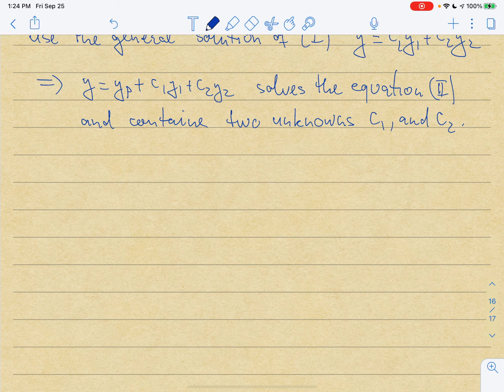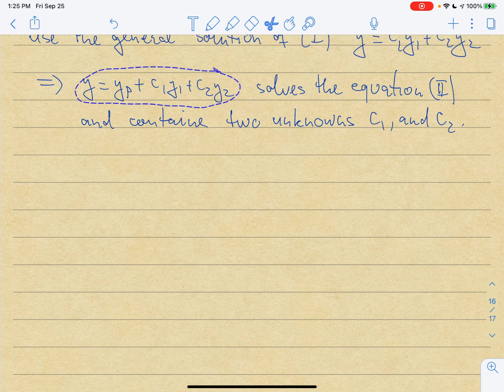And if I'm solving a generic second-order equation, then remember that it should have a general solution that involves two unknown constants. So what I have done here is produce the general solution of my non-homogeneous equation, because what I got contains two unknown constants.